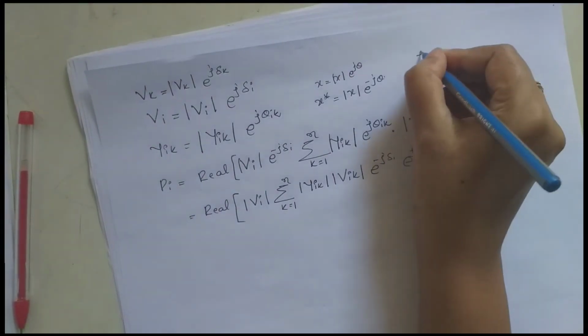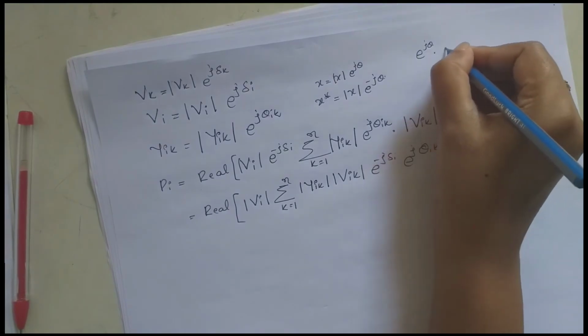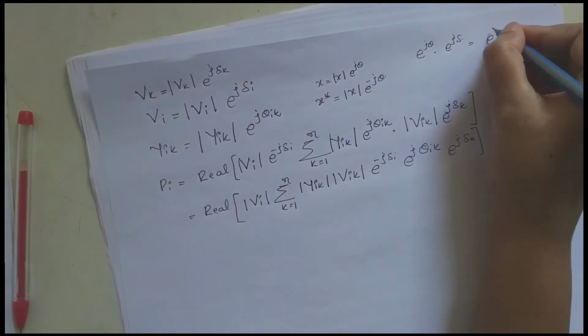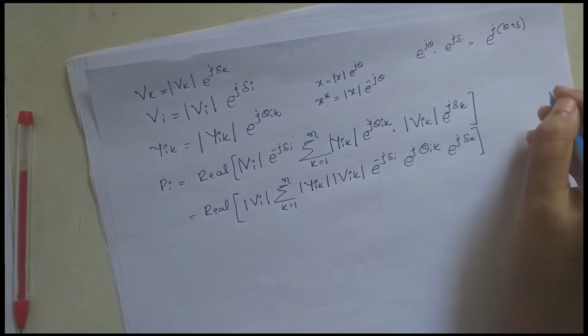So e power j theta into e power j delta is e power j theta plus delta.